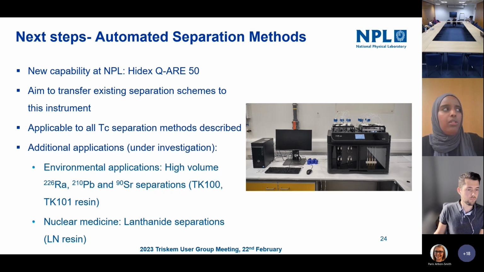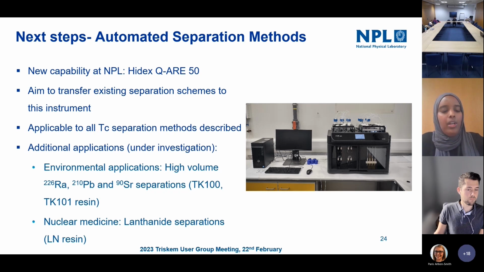And we have a general interest to see if we can look at additional applications where automated separation would be well suited. So looking at high volume separation, where you can reduce operator time, hopefully, to have methods in place.